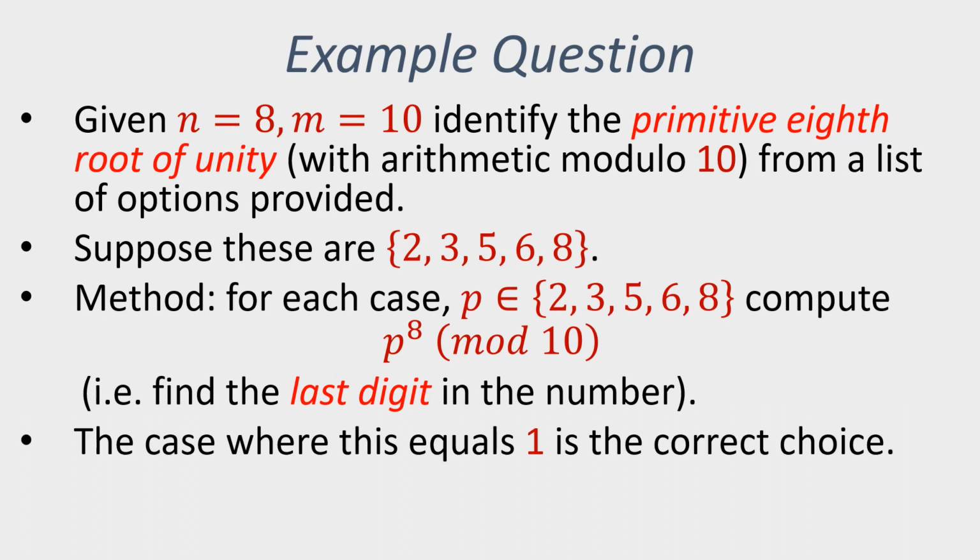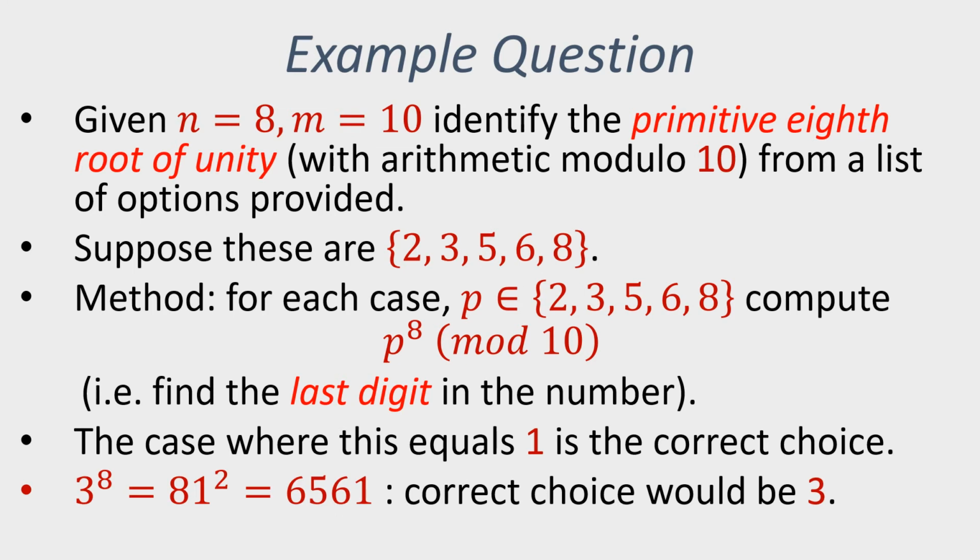So what we find in this case, we take the value 3 and raise that to the power 8. That's the same as squaring 81, because 3 raised to the power 4 is 81.